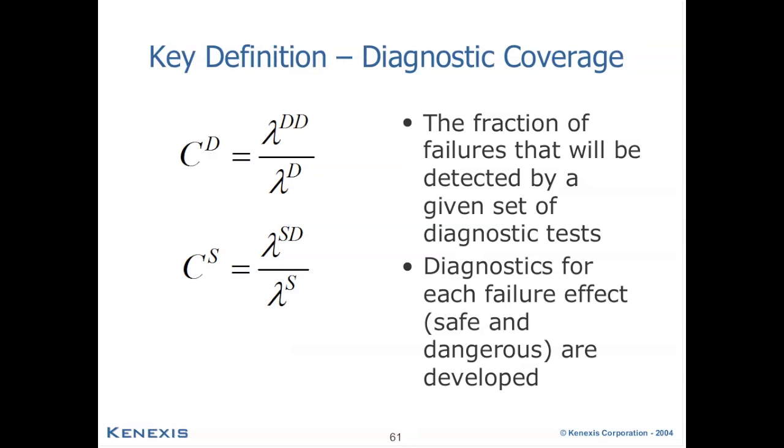Now, with respect to diagnostics, we can develop two additional terms, coverage safe and coverage dangerous. These will be the fraction of failures that can be detected by a given set of diagnostic tests. And as mentioned, this allows you to develop further failures that are both safe and perhaps detectable or undetectable, and failures that are dangerous detected or undetectable.